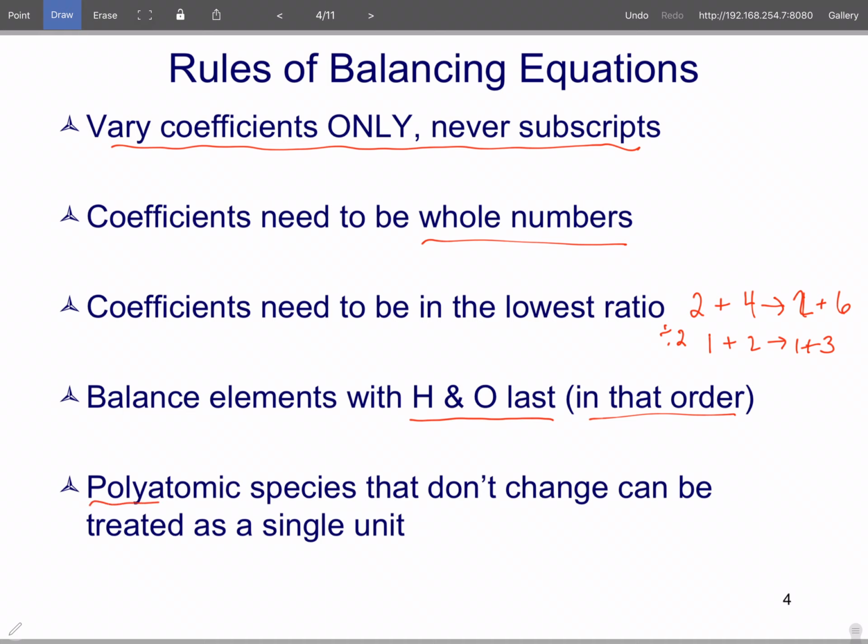Okay. A trick, and some people like to use it and some people don't. It just makes it harder if you don't. But if a polyatomic ion appears but doesn't change, it can be treated as a single unit. So you can call it Fred, George, Harry, whatever you want, red ball, whatever. But if you have 3 on one side, you have 3 on the other. And this only works if it doesn't change. And again, I'll show you an example of where it changes and where it doesn't change. Okay?